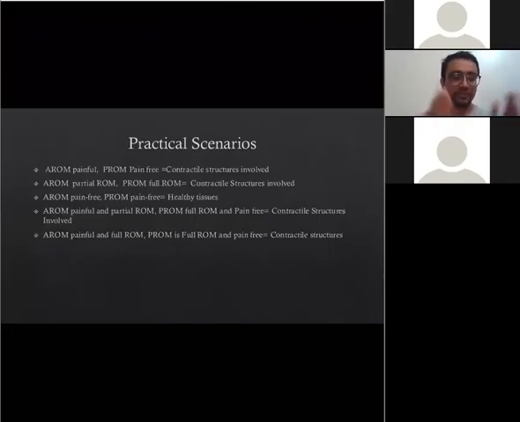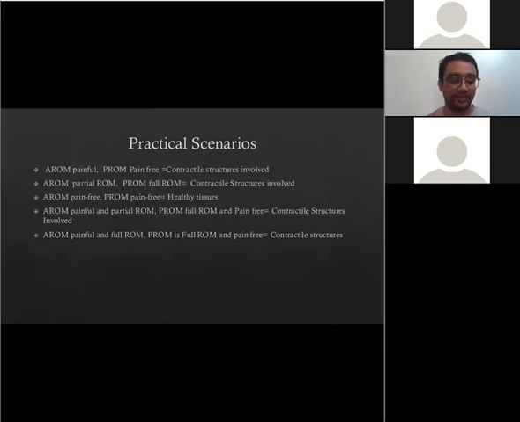Now you combine these two findings and you tell me what structure is at problem. Let me repeat again. You are checking the shoulder, you did the active range of motion, it was limited over here and it was painful. Patient could not go more. Painful and limited.